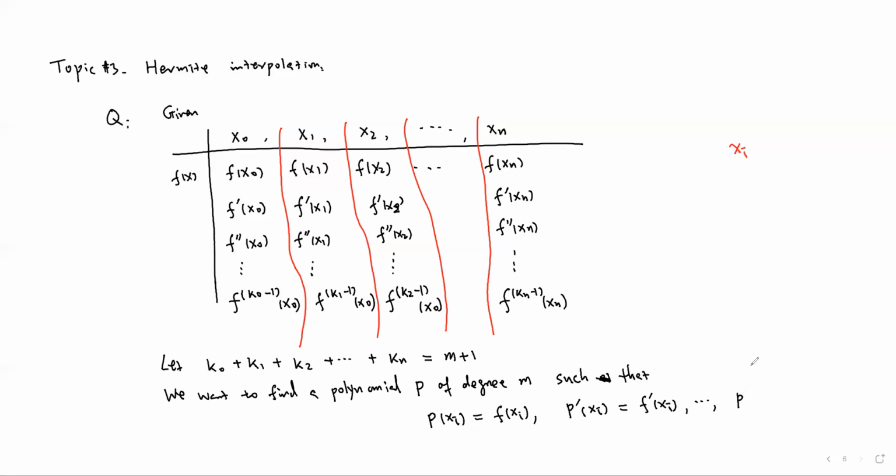The derivative of order ki minus 1 on p at xi is equal to the derivative of f of order ki minus 1 at xi, where i is from 0, 1, 2, up to n.